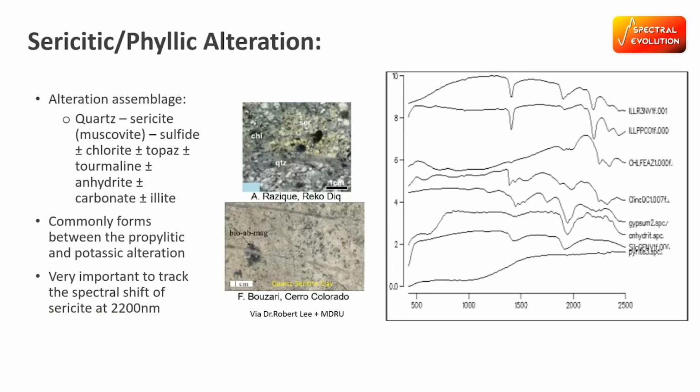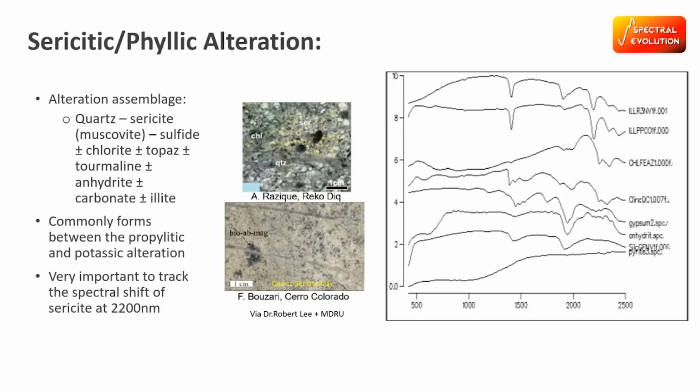And then for sericitic, phyllic alteration is a hydrolytic assemblage marked by the formation of muscovite, often fine-grained and referred to as sericite, commonly associated with the ore-bearing mineralization. These zones typically occur within a few hundred meters to about a kilometer from the ore body.